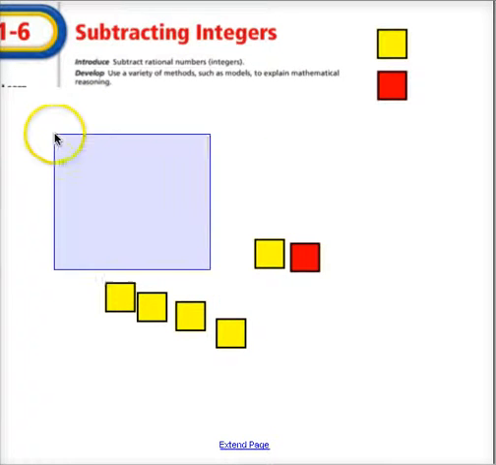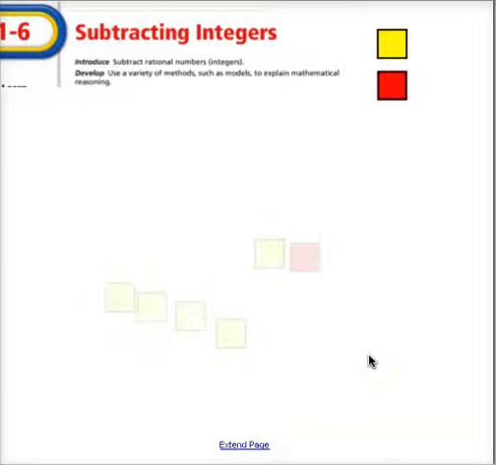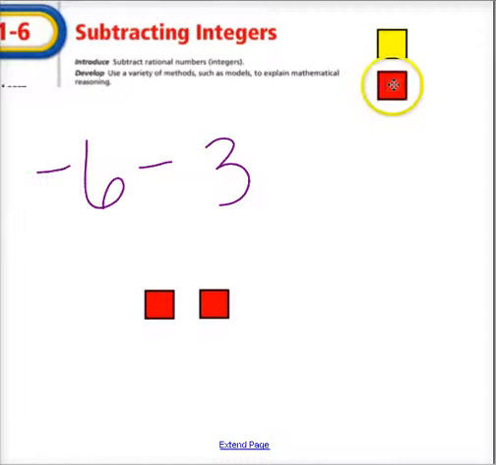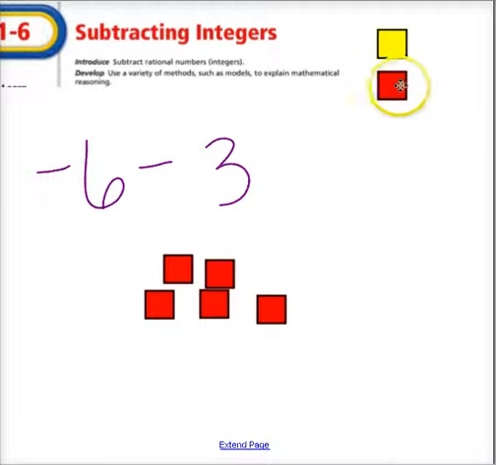All right, let me do one more of those with models. Let's say I have this time a negative 6 and I want to subtract 3. So I start with my first number, negative 6. 1, 2, 3, 4, 5, 6. I want to take away 3 positives. I don't have any positives. I only have negatives. I can't change my number 6.